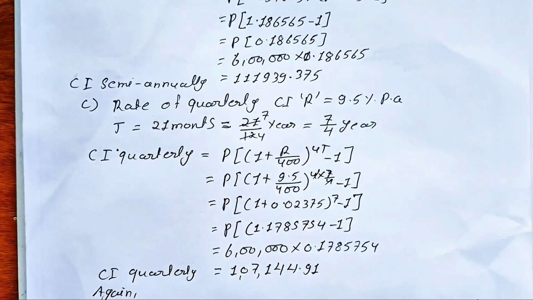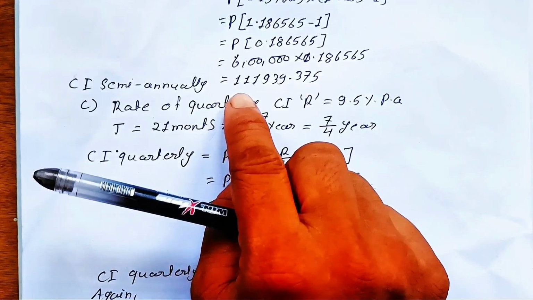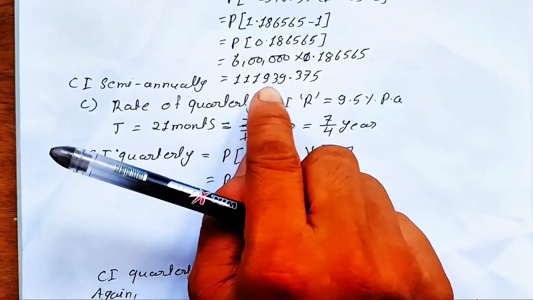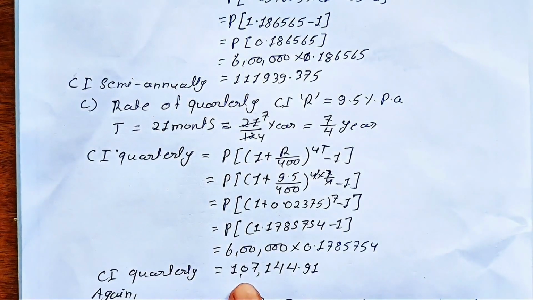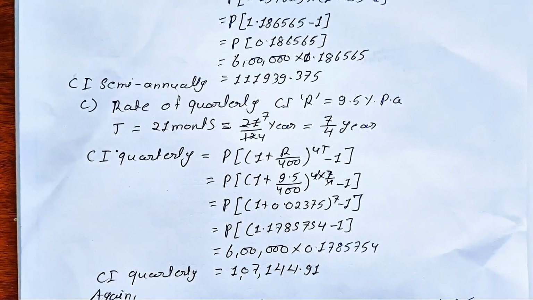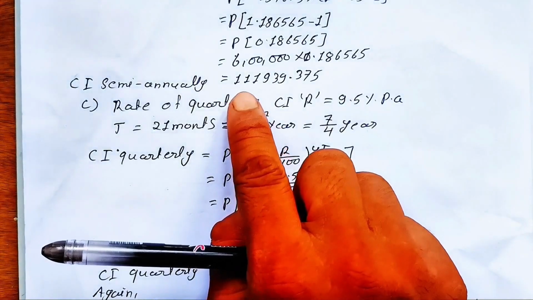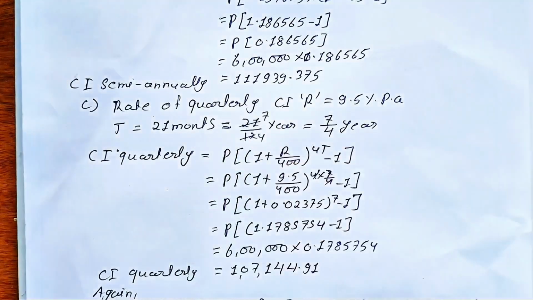So out of 3 options, semi-annual compound interest is 1,11,939, quarterly compound interest is 1,07,144.91 and annual compound interest is 1,09,500. So here out of 3 schemes, the semi-annual scheme gives more interest.